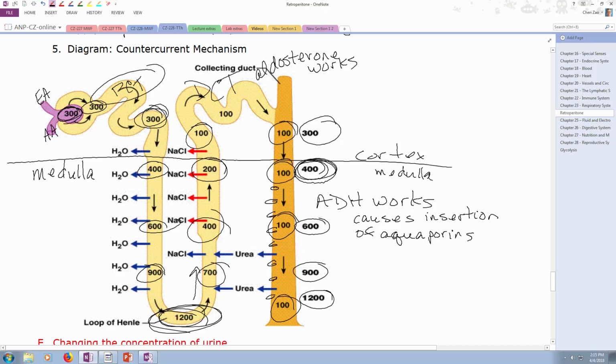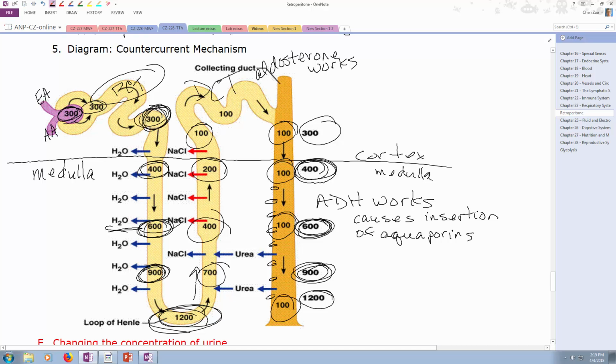Well, that's more hypertonic than the 300 that we had in the beginning, so water will leave, and as water leaves, solutes will concentrate. And so as we go down into more hypertonic or hyperosmotic areas, more water is leaving, leaving us less water inside the lumen, but more solutes. And as we go further on down, we end up with 900 milliosmoles.